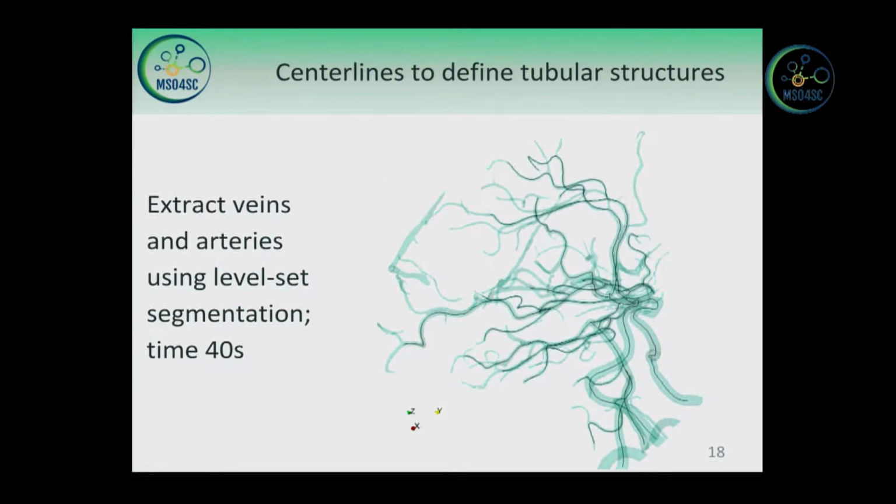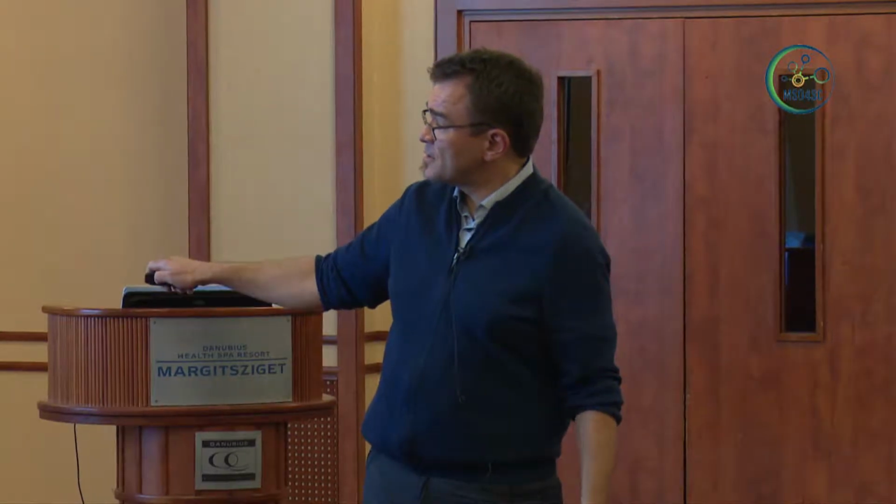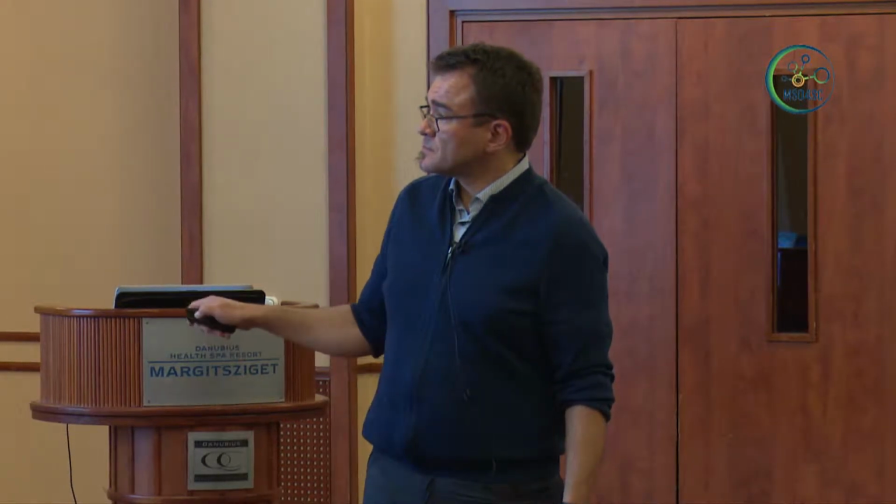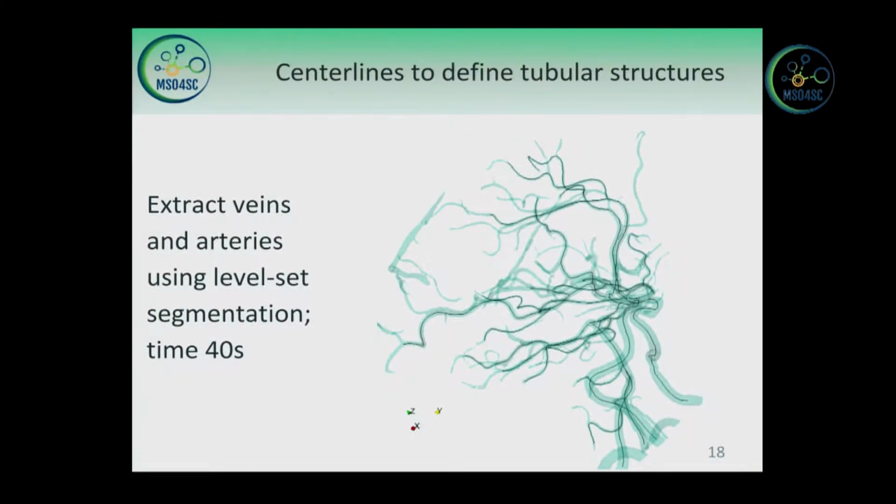So what we do is that from this data, we build so-called center lines. We manage to build a kind of tree of curves, or set of curves, inside the vessels. You see these curves here.